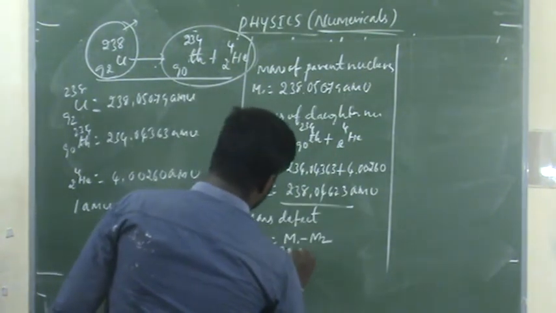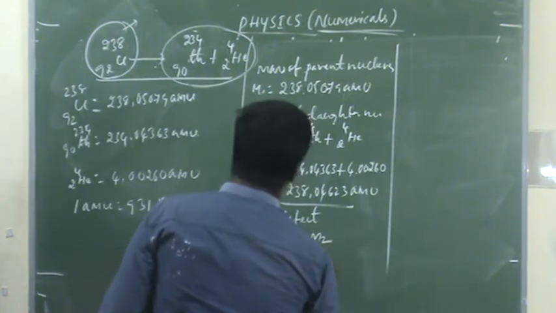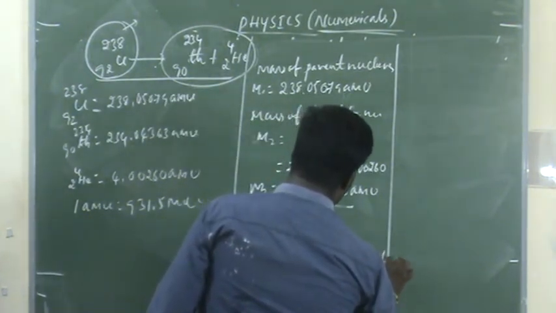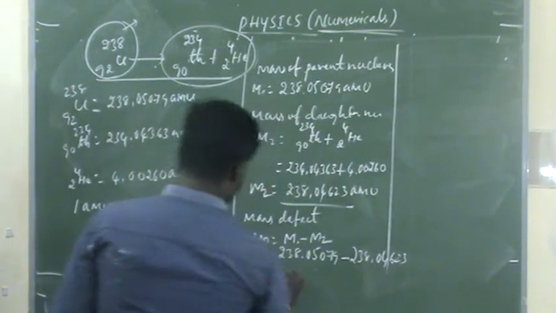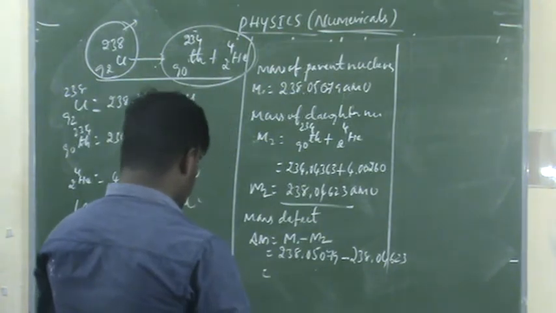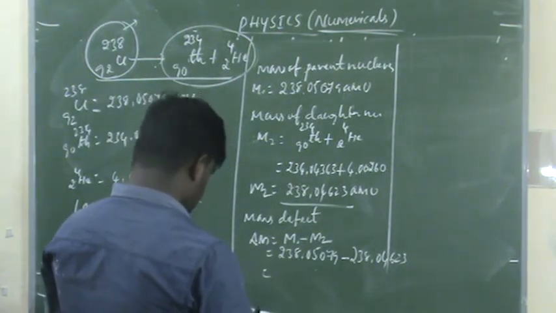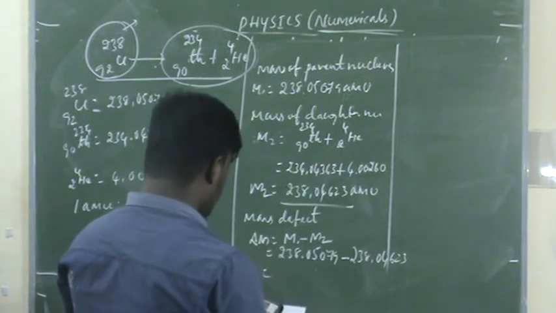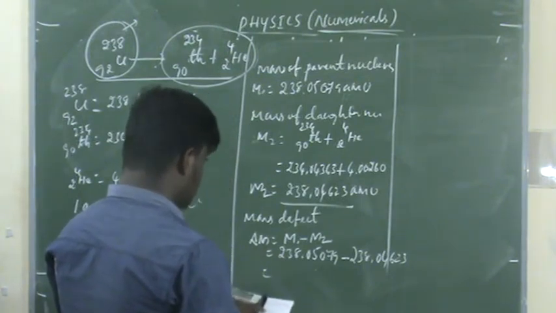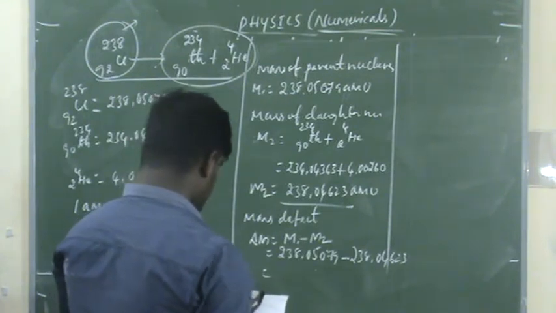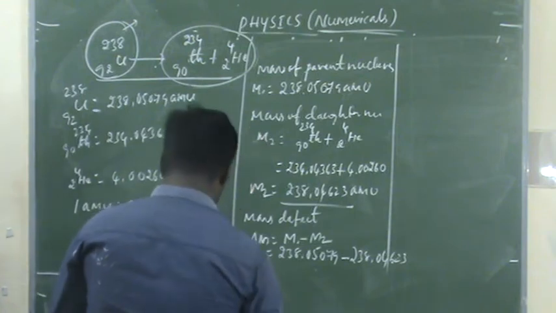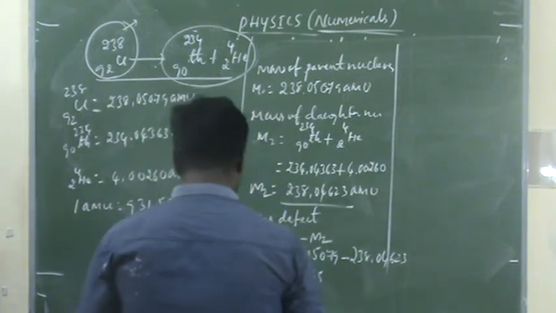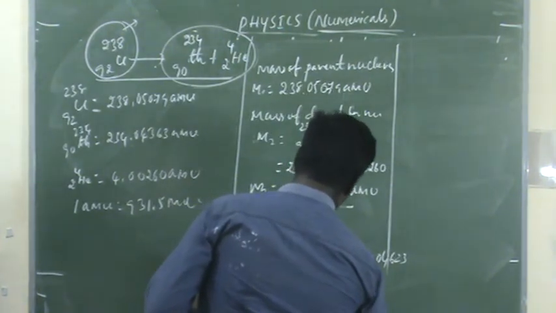M1 is 238.05079 minus 238.04623. So that is equals to delta M equals 0.00456 atomic mass unit.